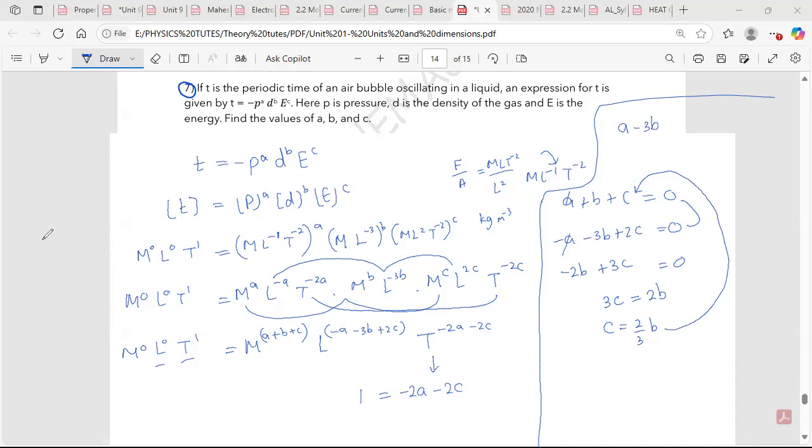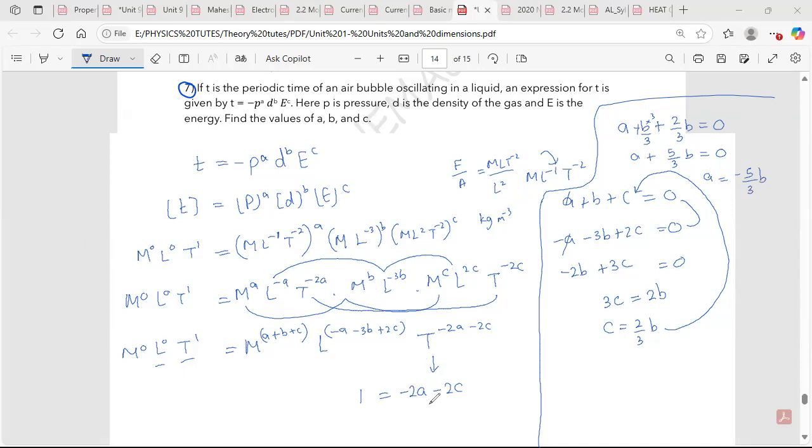Sorry, not minus 3b. A plus b plus c, that is 2 by 3b equals 0. So here common denominator 3, this multiplied by 3. So 3 plus 2, 5 over 3b. A plus 5 over 3b equals 0. Then you get a equals, b gets sent to the other side, minus 5 over 3b.